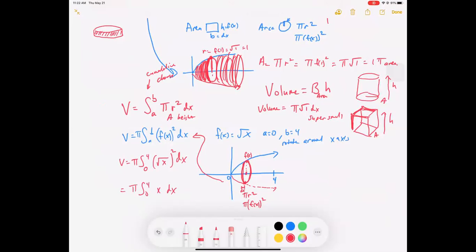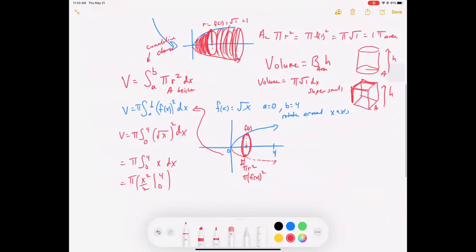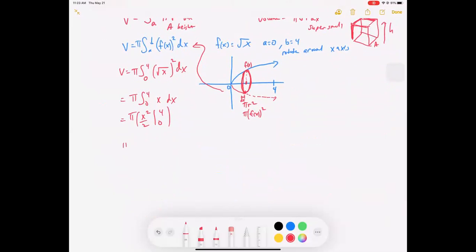Power rule, pi x squared over 2 between 0 and 4. And we just plug it in. Pi of 4 squared over 2 minus pi 0 squared over 2, which is just 4 squared is 16 divided by 2 is 8 pi. That's my answer.